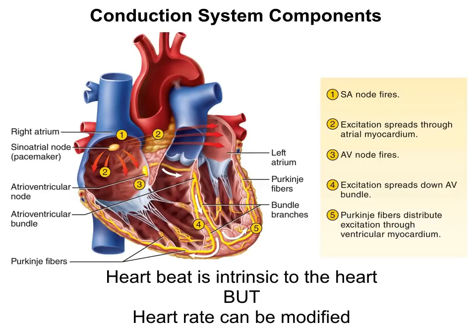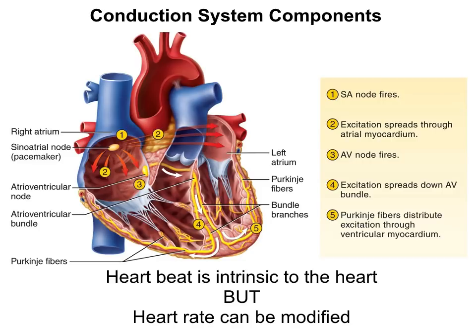Now, as you are passing the action potential through the internodal pathway and through the interatrial bundle, you are stimulating the muscle of each atrium to contract. So the movement of the action potential through the atria is going to stimulate atrial contraction.